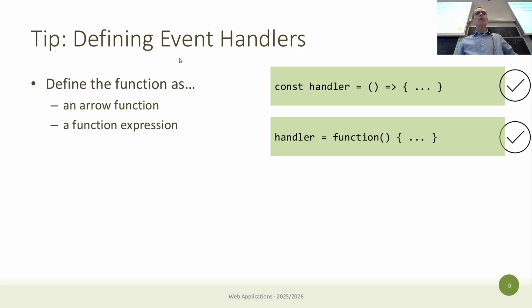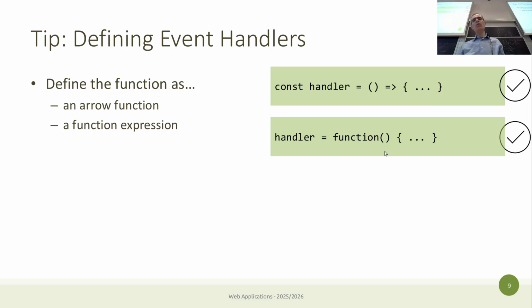Tips, defining event handlers. Event handlers are just functions, so you just declare a function in JavaScript. The most common way of declaring functions in event handlers is to use the arrow syntax, because it's convenient, it's compact, and you can sometimes fit it even inside the JSX, because you open the curly bracket, you write something, and you close the curly bracket.